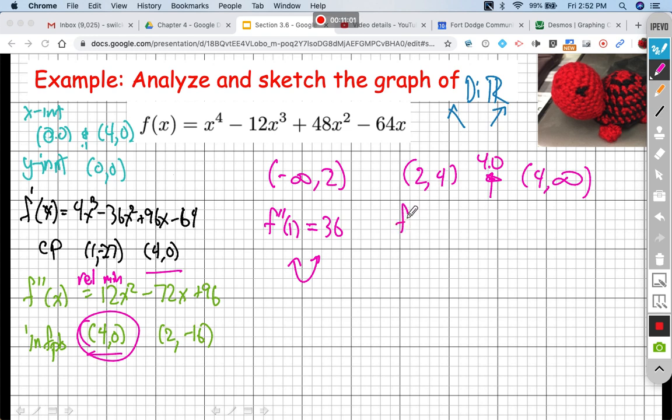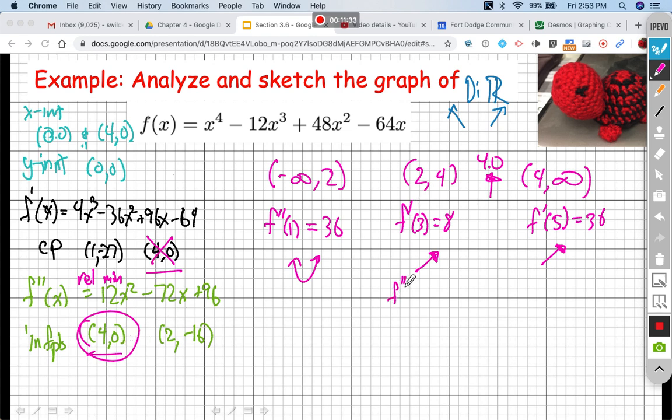So I'm going to use the first derivative test. The first derivative at 3 equals 8. So on this interval, it's increasing. And the first derivative at 5 is 36. So this is also increasing. So we know that this is not going to be a relative extrema.